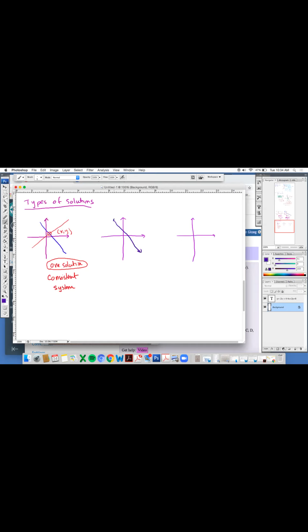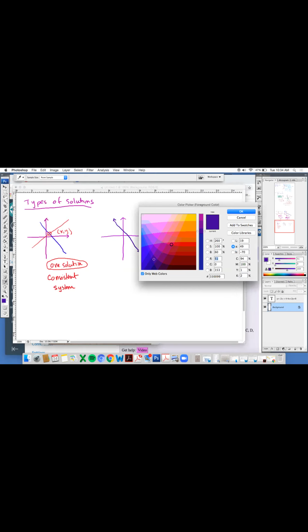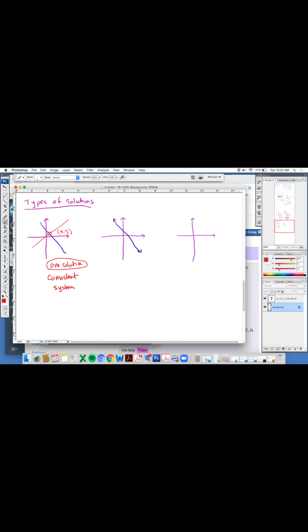I had the first equation drew this line, and the second equation was exactly on top of it. So this is infinite solutions. This is also referred to as a dependent system. Okay, so that's the math language.